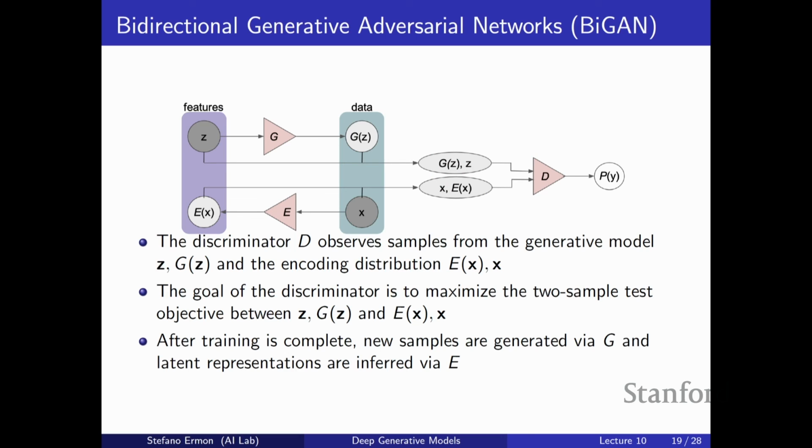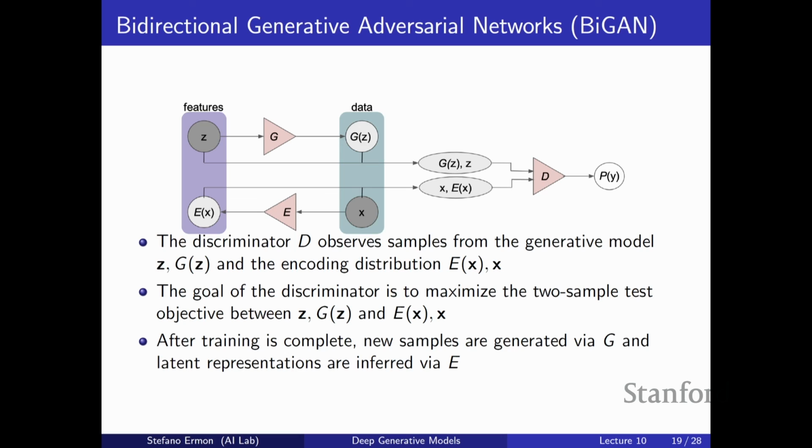It says after training is complete, new samples are generated via G and latent representations inferred via E. But when we generate the new samples with G, didn't we first come up with the latent representation? Why do we still need to infer it? So that's meant to be on real data. Let's say you want to do transfer learning, or semi-supervised learning, or clustering.